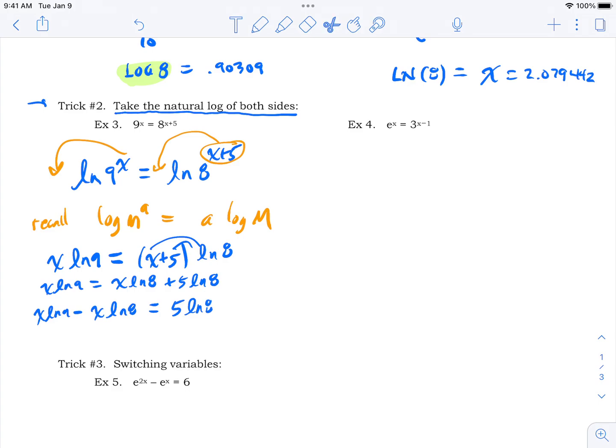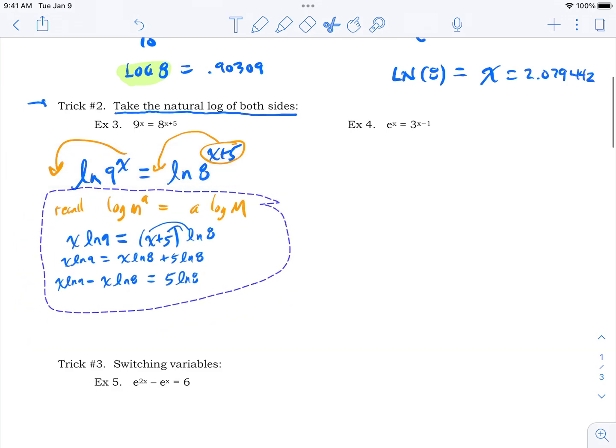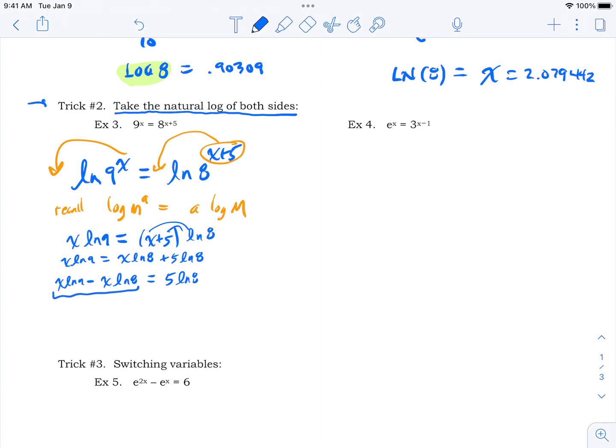Okay, and I'm going to have to shrink this stuff up a little bit. Shrink yourself. Okay, cool. And in order to have enough room here, what do you do with this? Well, they're like terms. X times some number, x times some number. What you do is you subtract the numbers times x. What you might say instead is, hey, I think I'll factor out the x.